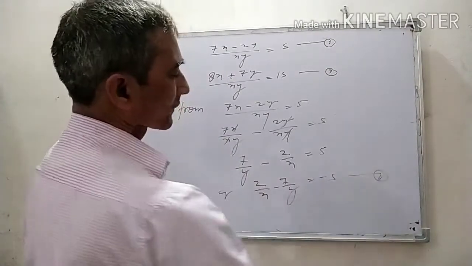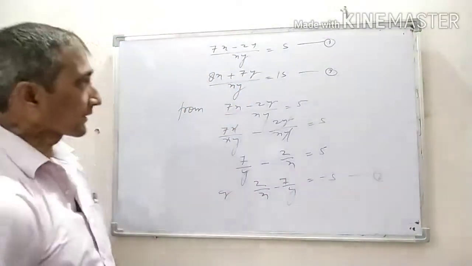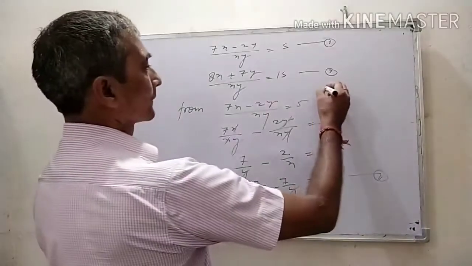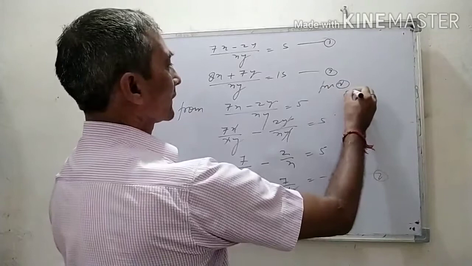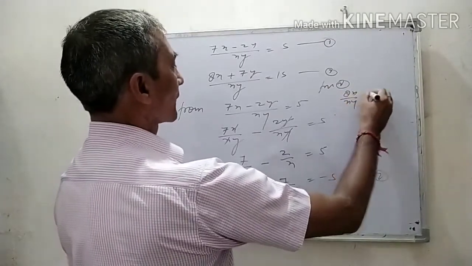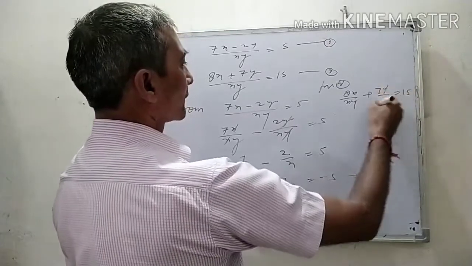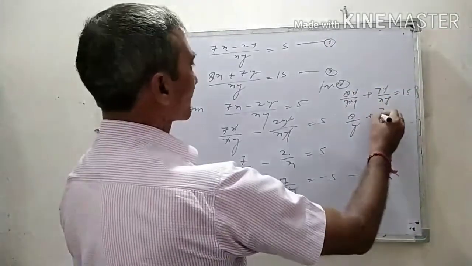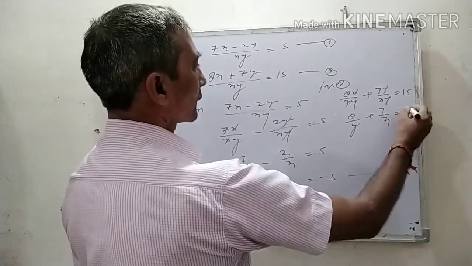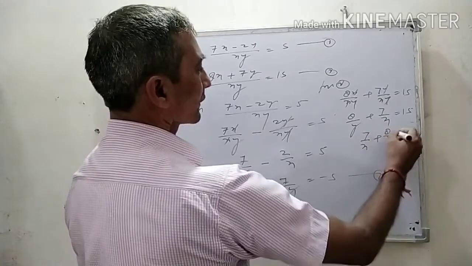Now that is the first equation. And second, from the second, 8x by xy plus 7y upon xy equal to 15, y cancels, 8 by y plus 7 by x equal to 15, or 7 by x plus 8 by y equal to 15.